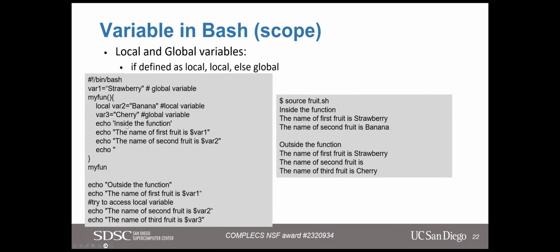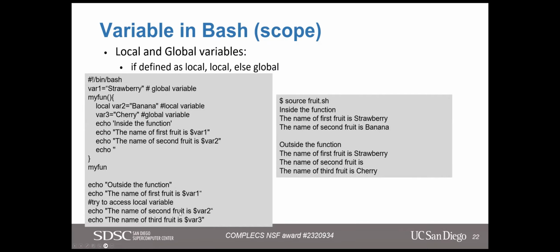Then inside the function, we name our fruits: two that are inside the function and one that is outside. So we see that the function sees the variable that was defined outside the function, and also the local variable that's inside the function. After we're done, outside the function, we try to echo the same thing. We echo the first fruit, which was outside the function, and that comes back.